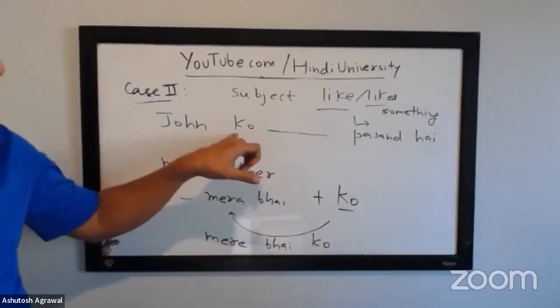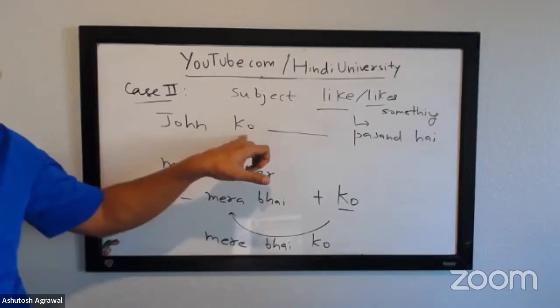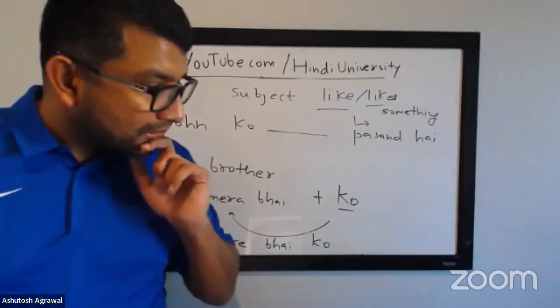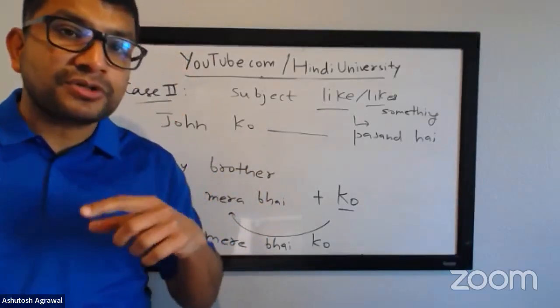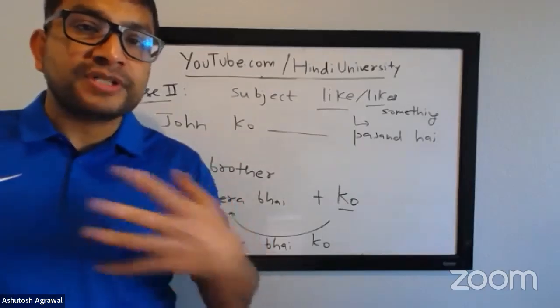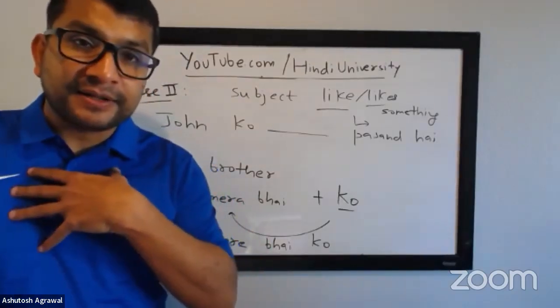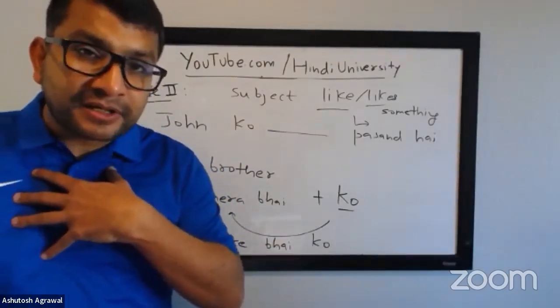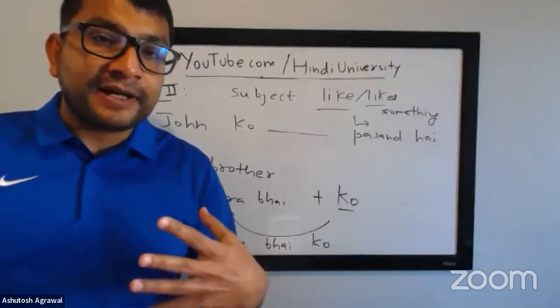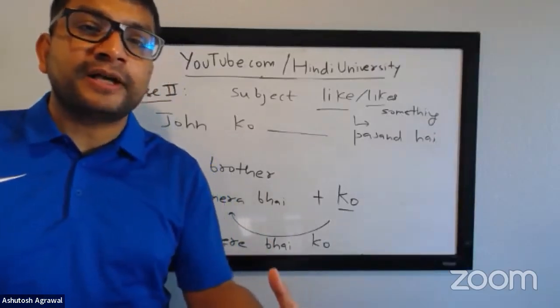If I'm saying मेरे प्यारे, I still have to say मेरे प्यारे दोस्त को. Yes, because मेरा दोस्त is my friend. This is still your subject, but my friend will then be marked by ko.